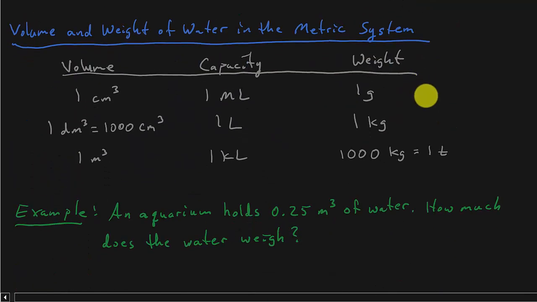Now we have some more conversions: volume and weight of water in the metric system. 1 cubic centimeter is 1 milliliter, which weighs 1 gram. 1 cubic decimeter equals 1,000 cubic centimeters, which equals 1 liter, which is equal to 1 kilogram.